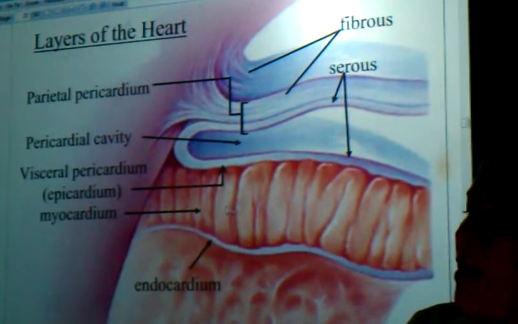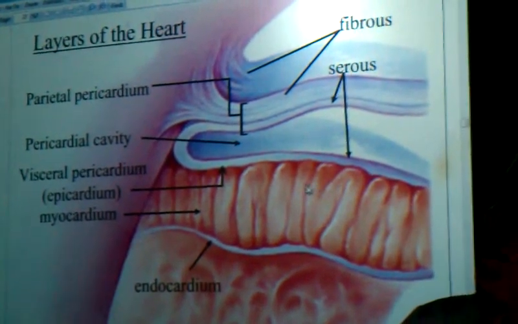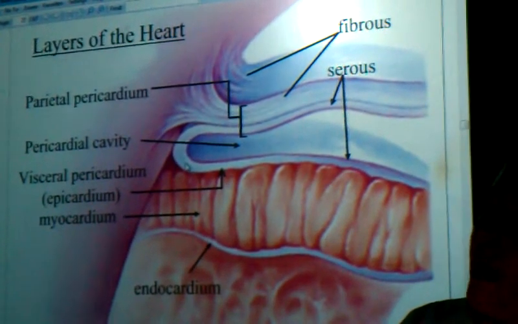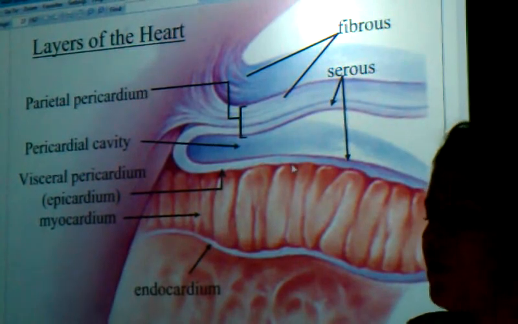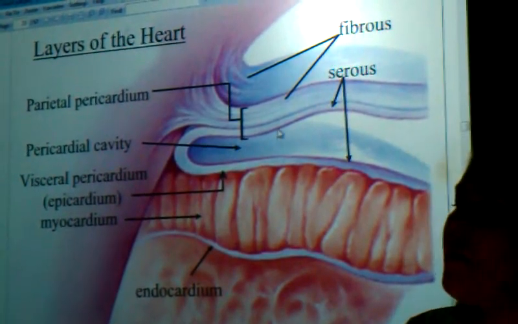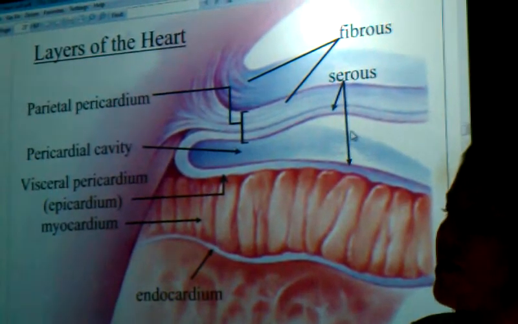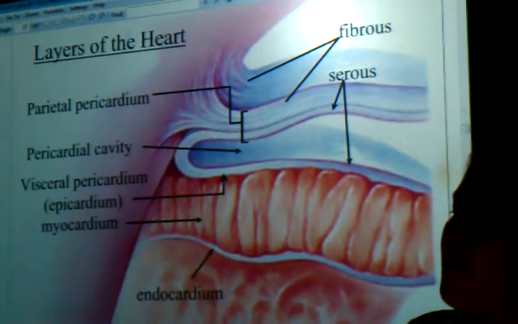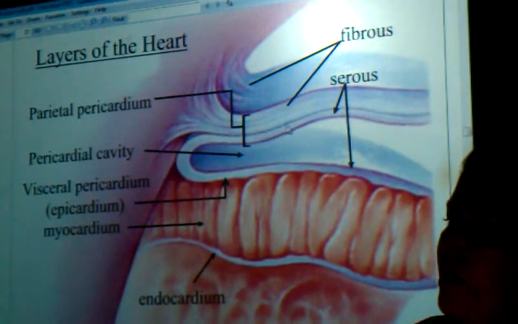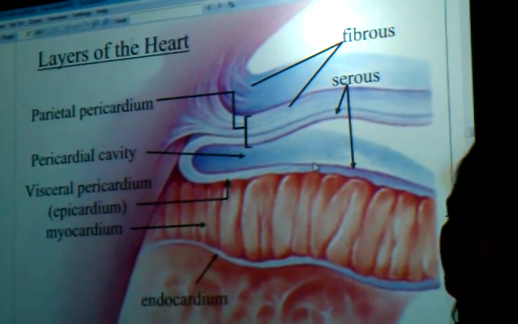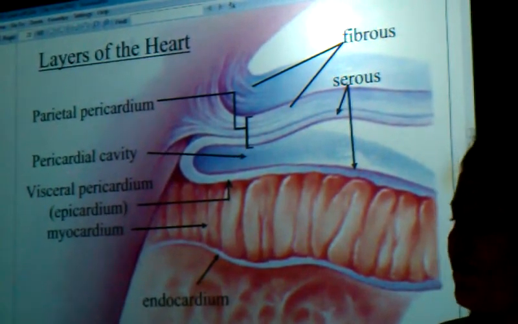We would have the myocardium, made of cardiac muscle tissue. We would have our epicardium / visceral pericardium, connective tissue. We would have our pericardial space with serous fluid, and then we would have our parietal pericardium. Okay, and that's the layers from the inside of the heart all the way out.